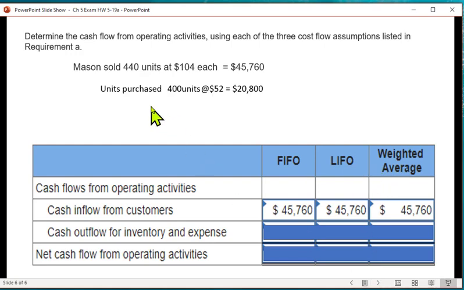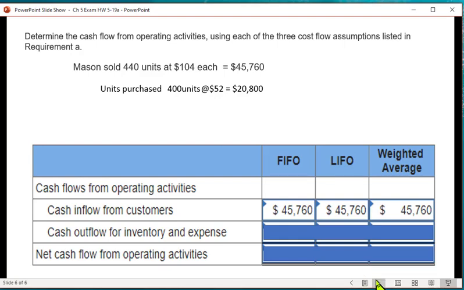We purchased for cash, remember cash, 400 units at $52 a piece. It doesn't matter how the cost flow of these things were, whether it's FIFO, LIFO, that doesn't matter. All that matters is how much cash went out the door because of this inventory. And in this situation that is 400 pieces at $52. That's how much we spent on inventory.